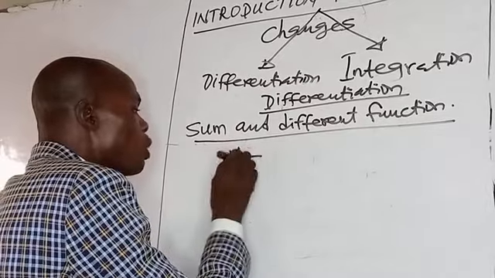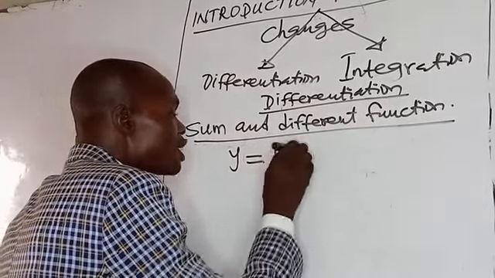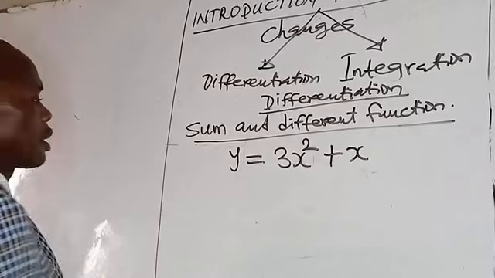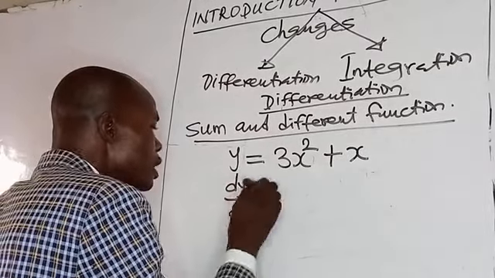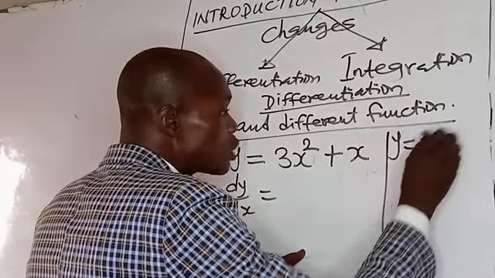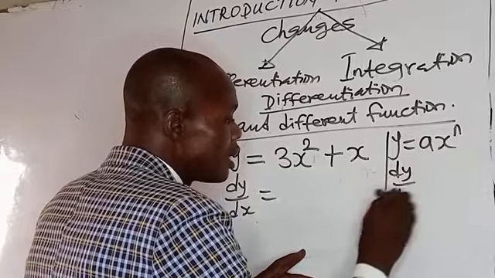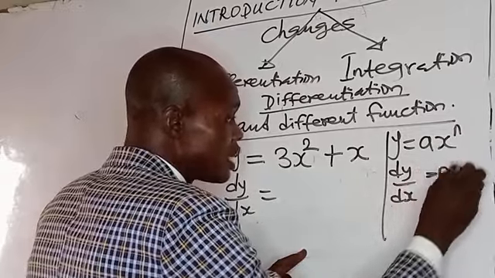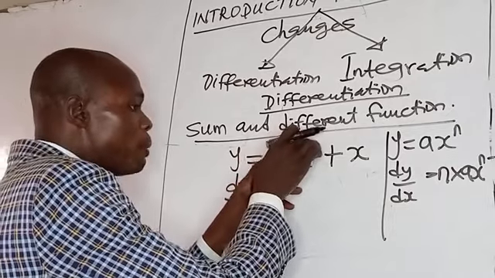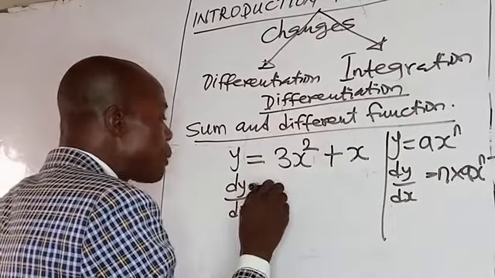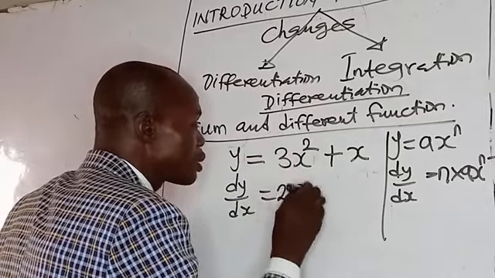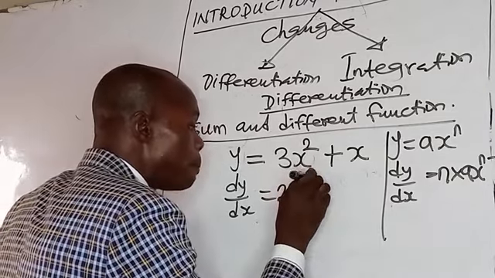If y equals 3x squared plus x, dy dx equals, based on the general formula, you take the power, which is n, times the function, then you subtract 1 from the power. So in the same way, you take the power, which is 2, and use it to multiply the function: 2 times 3x squared, then subtract 1 from the power.